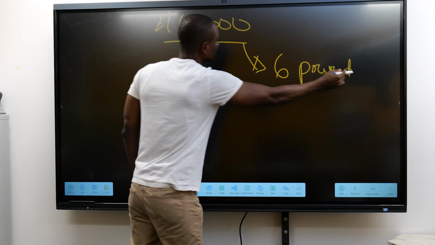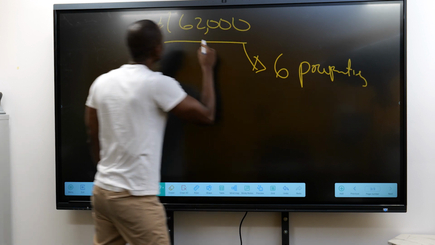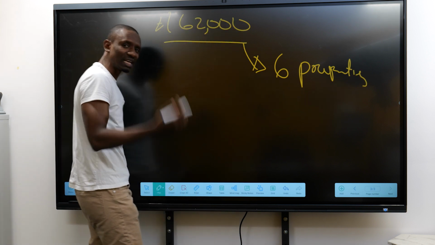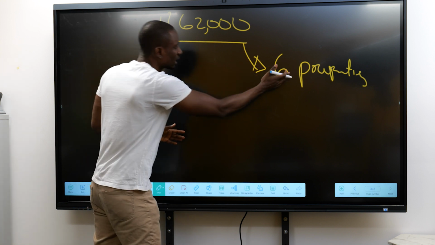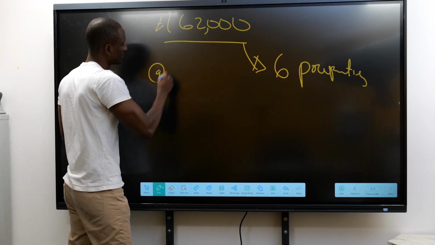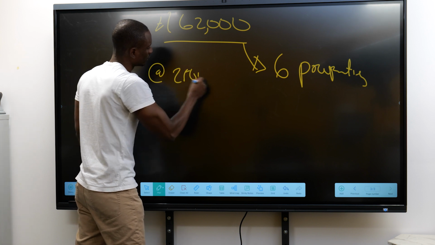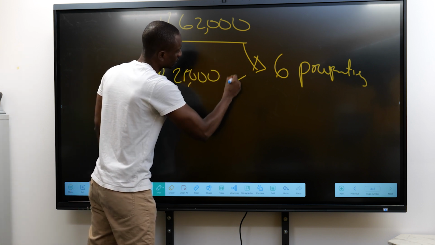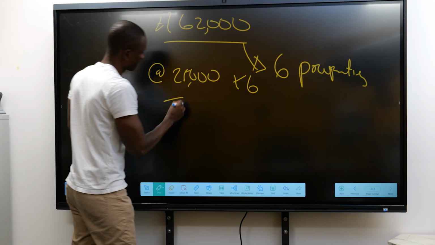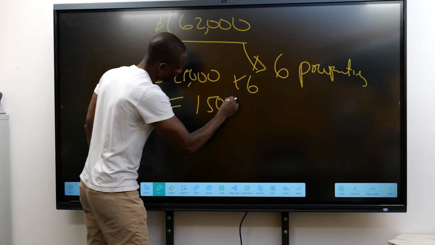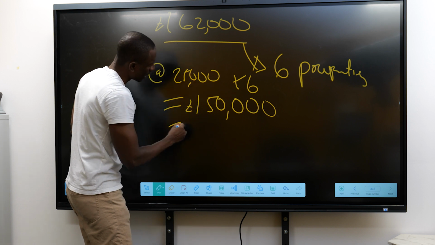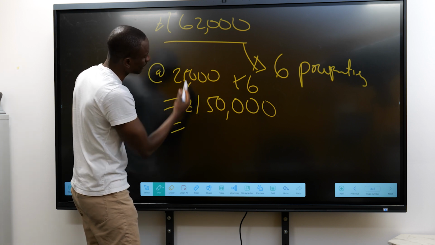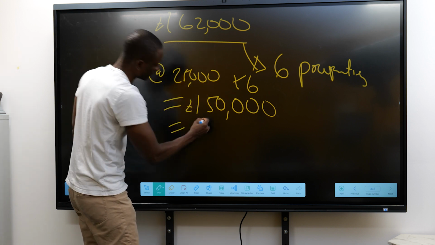Because if we're buying 6 properties, we would only need 25% to put down in order to buy those properties. So if you're buying 6 properties at 25,000 times 6, that will give us £150,000. So we've got the £150,000, and we would use the remainder of the £12,000.